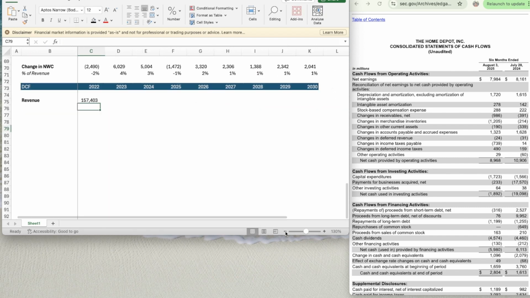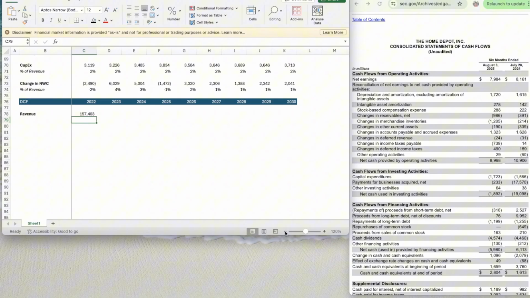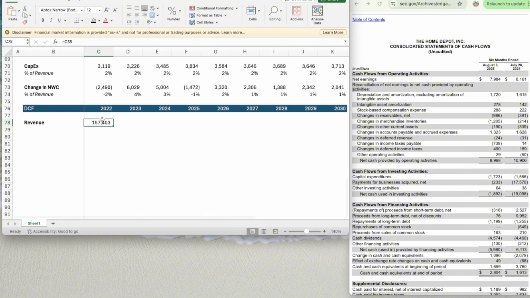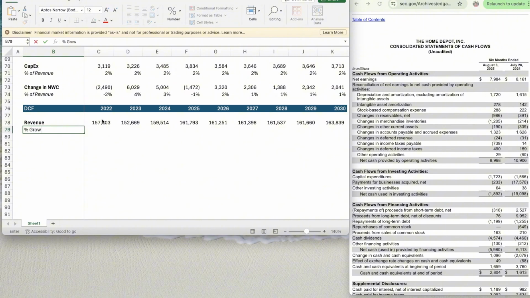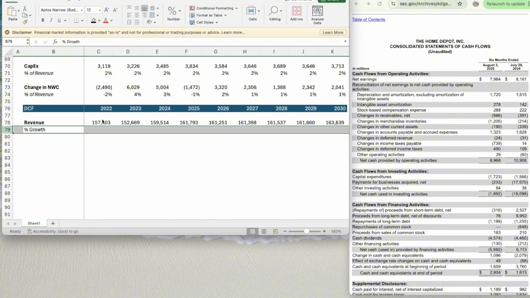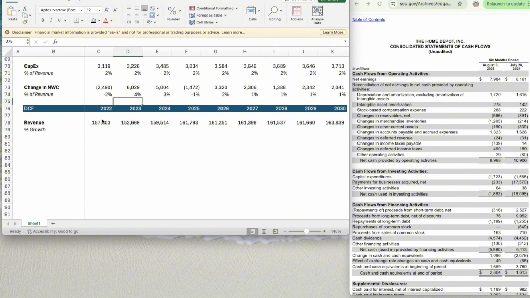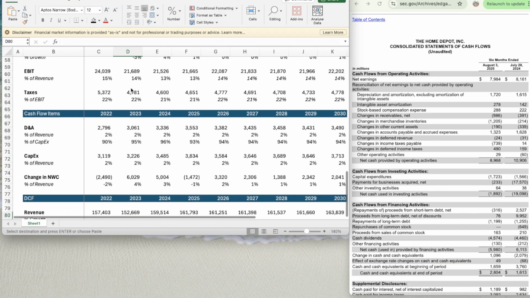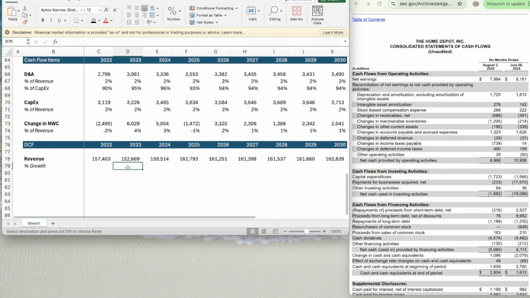We just zoom out a bit. Doesn't really matter. Again, it's always good to have things like the percentage growth, so that if you want to glance at it, it's easy.